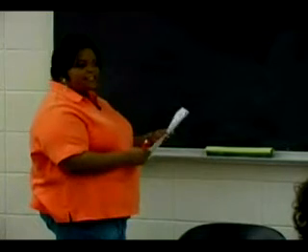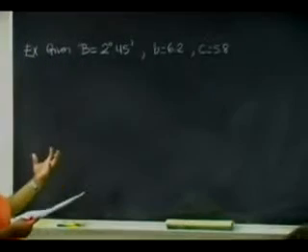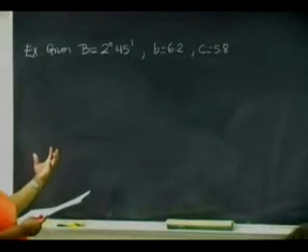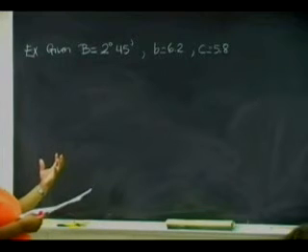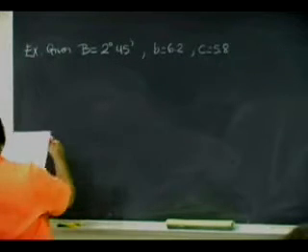Would that be 2.75? Yes, it does. How do we know that? Because we end up dividing that 45 by what? 60, right? Y'all remember we did a little bit of this a long time ago, didn't we? How do we translate this?